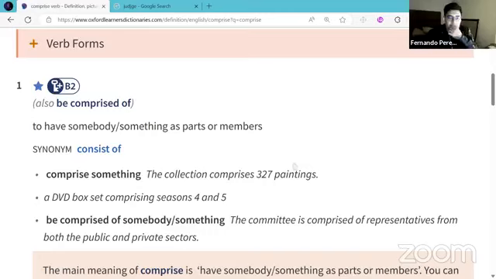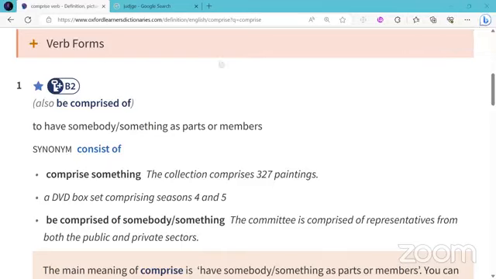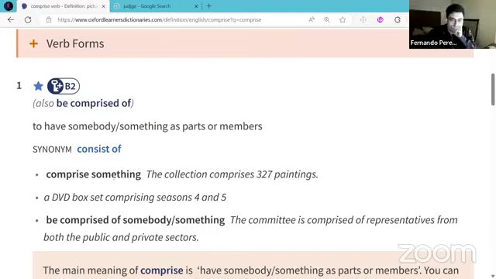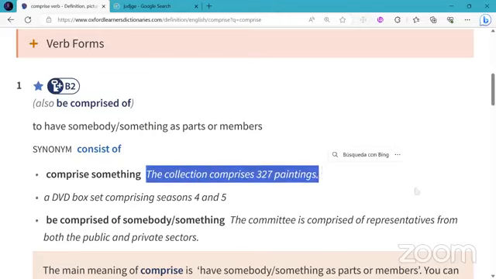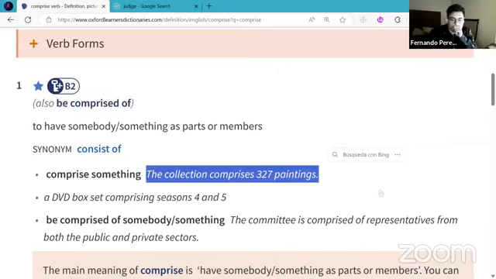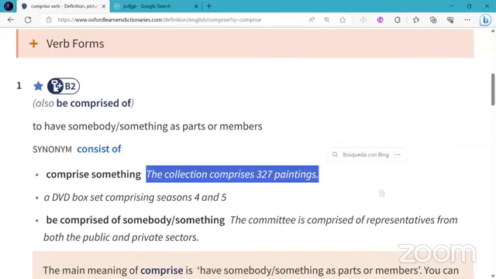Do you understand? No. Sorry. Then you are not reading the synonym. Oh, consists of. Read this. Ah, okay, the collection comprises. Okay.